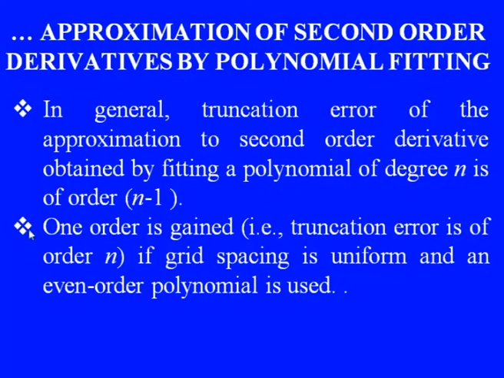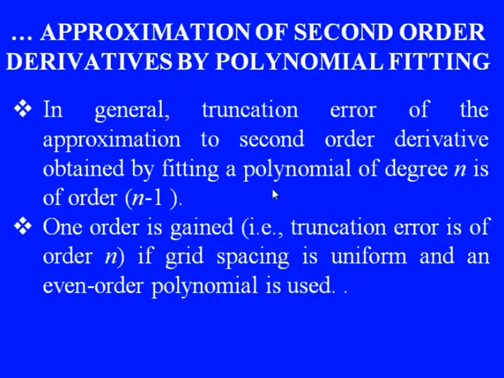However, one order is gained, that is, the truncation error is of order n, if the grid spacing is uniform and an even order polynomial is used. In the example just discussed, we had taken uniform grid spacing and a polynomial of order 4. So this observation says that your truncation error should be of order 4. Now please verify from your derivations.